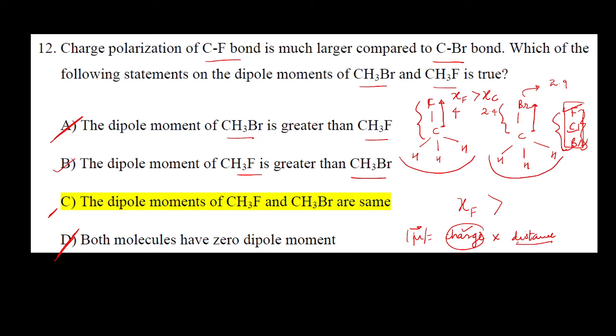To give you a rough idea, say the dipole moment of the CH3F molecule is 1.69. Then the dipole moment of the CH3Br molecule would be 1.68 or 1.67, something like that. So there won't be much difference in the magnitude. The correct answer for this question is option C. Yes, it's a factual question, but you can eliminate options A and D.